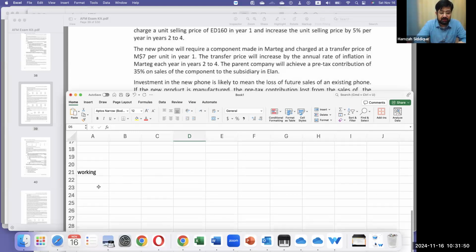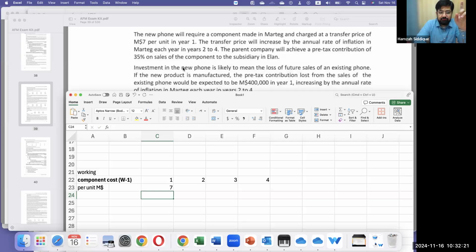So in the working, component cost, working one. So year 1, 2, 3, and 4. Yes, per unit. Maltech dollar. That is $7 in the first year.